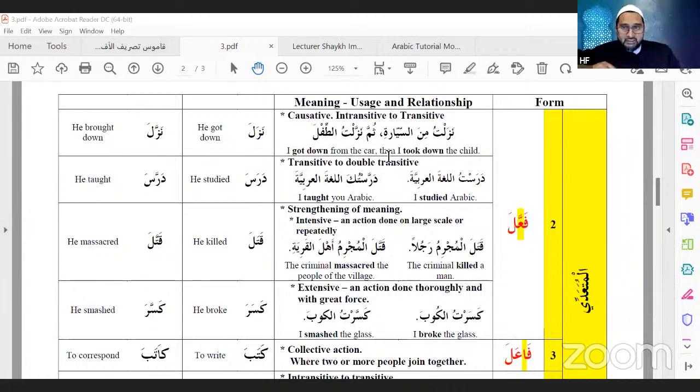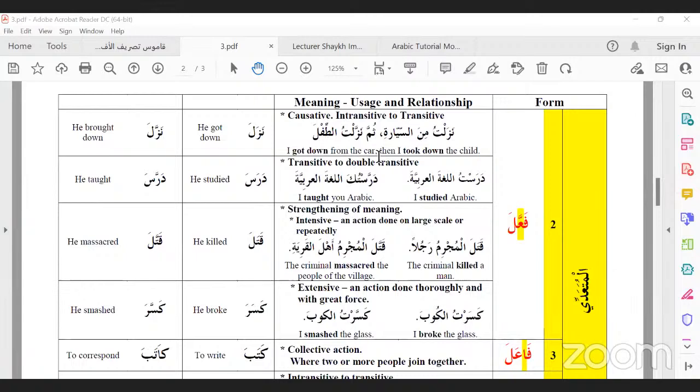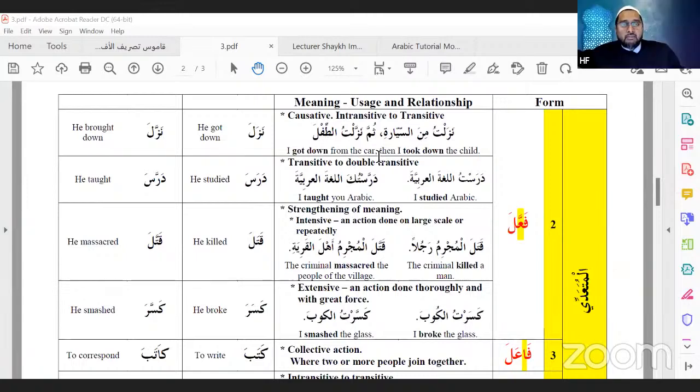So I removed myself out of the car, and then the child, did he walk out himself from the car or did he crawl out? No, he was taken down. So here, the meaning of causative is being achieved by changing the verb nazala to nazzala.